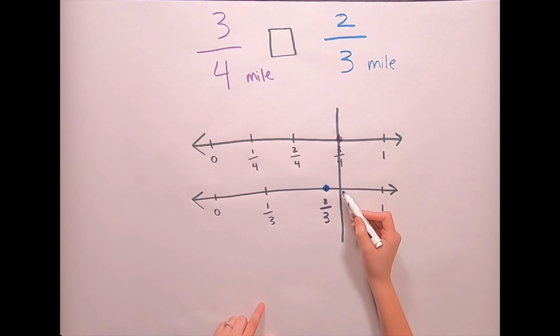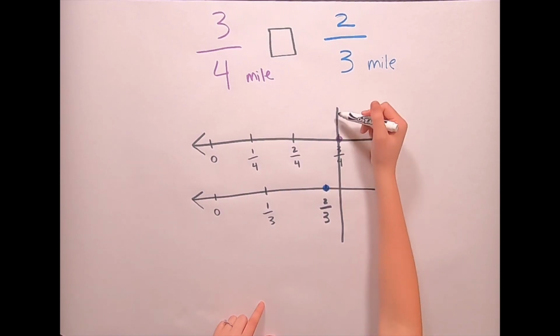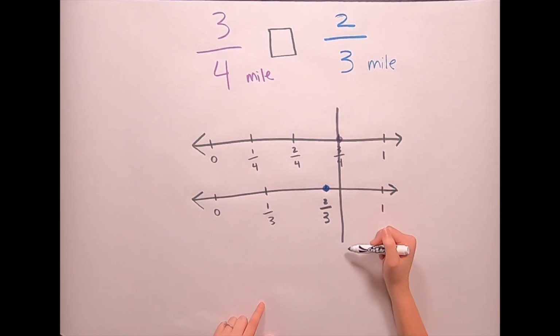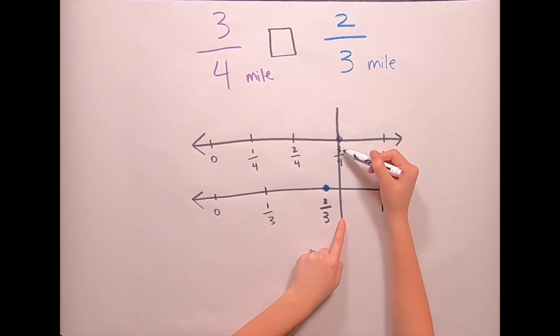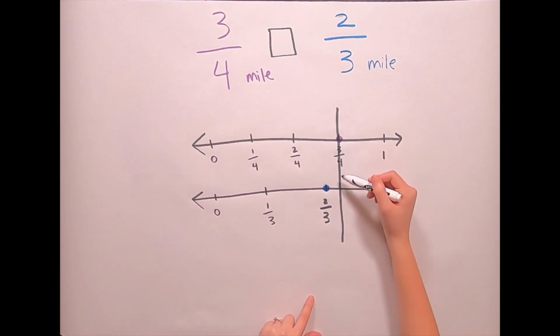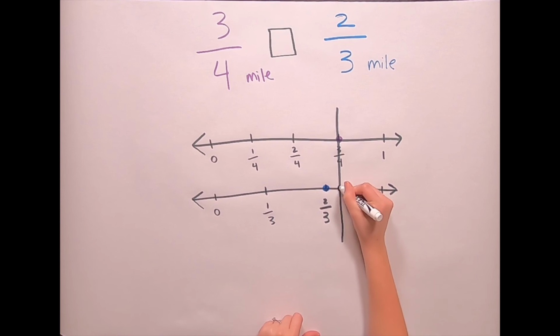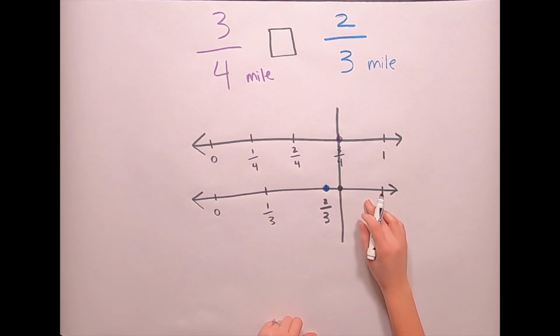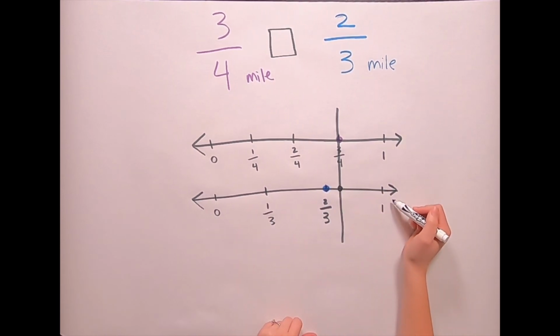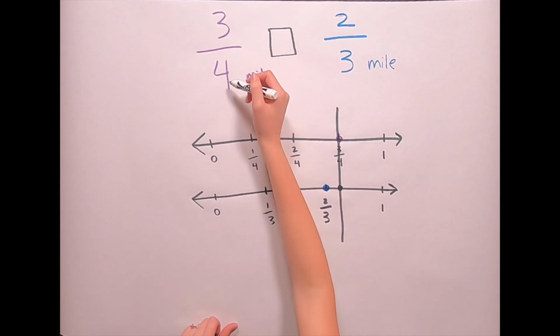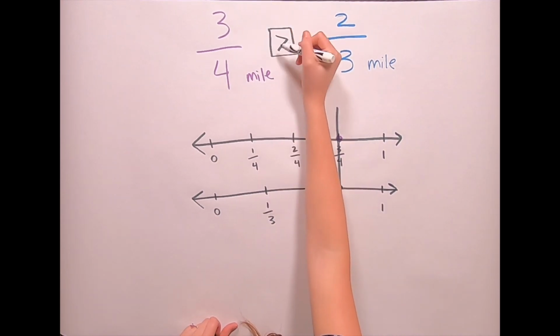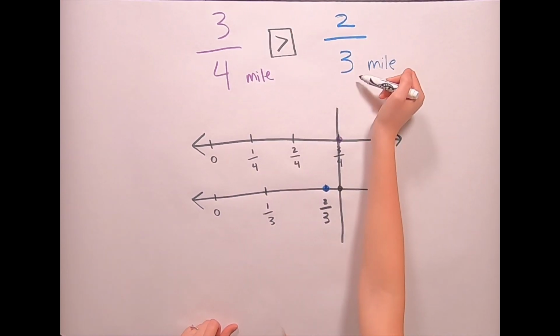And you see where it hits this number line, that's helping us compare these fractions. This shows that 3/4 is the greatest fraction because this is where 3/4 would be on my second number line. So 3/4 is greater than 2/3.